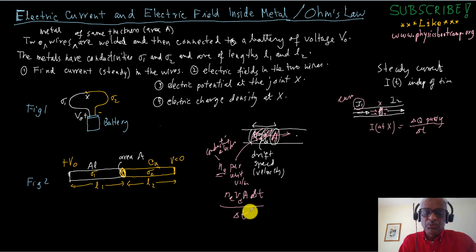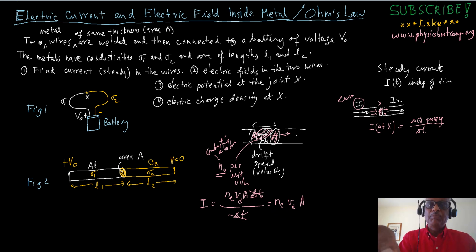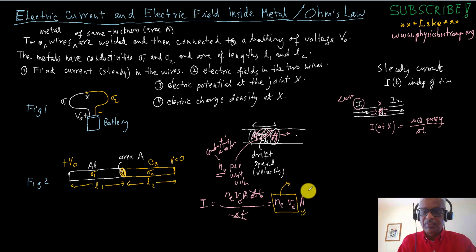So this will be the current, this will be the I, and you can see that you have n_e, vd, and the area of cross section. Area of cross section varies from wire to wire, but these are kind of internal properties, right? So this internal property is given a new name, a new symbol. This is per unit area of cross section, and this whole thing is the current density.